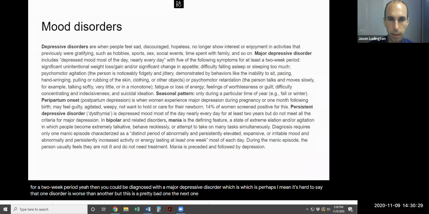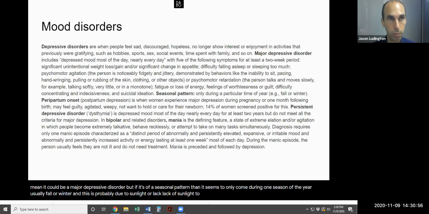The next mood disorder here is seasonal pattern. It could be a major depressive disorder, but if it's of a seasonal pattern, then it seems to only come during one season of the year, usually fall or winter. And this is probably due to sunlight or lack of sunlight.